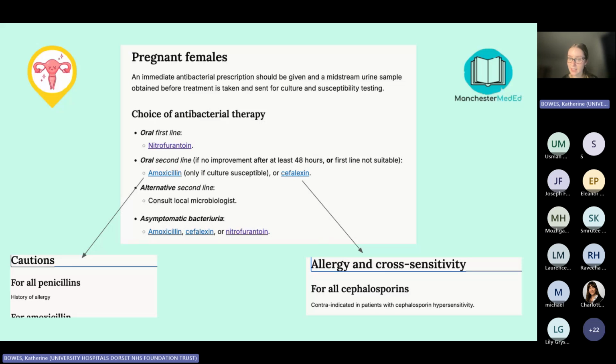For cephalexin, under allergy and cross-sensitivity, the only one listed is that it's contraindicated in patients with cephalosporin hypersensitivity, which our patient doesn't have. So I think that could be an appropriate option to prescribe here. But for alternative second line, which may be the trimethoprim, consult local microbiologist.